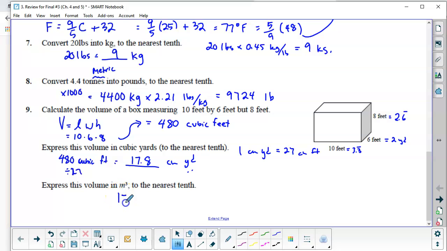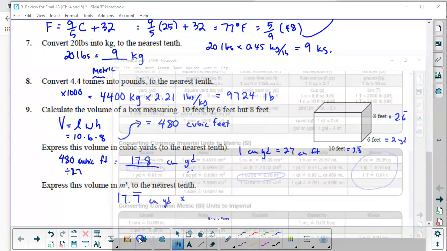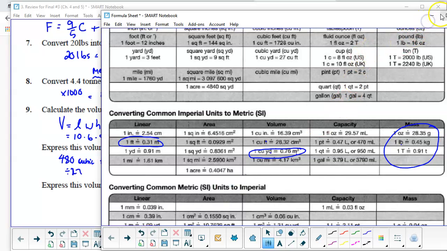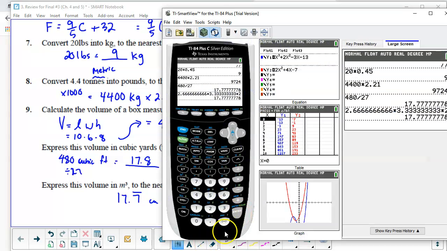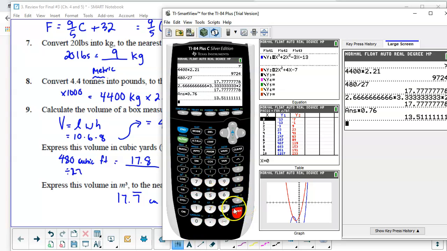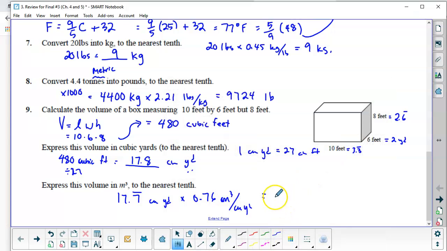Now, when I do that, though, I'm going to show the repeating. So cubic yards, multiply, forgot it, so I got to check again, 0.76 meters cubed for cubic yards. And so in my calculator, I can take that last answer and multiply by 0.76, and I get 13.5 meters cubed. Okay, and that's it for this review.